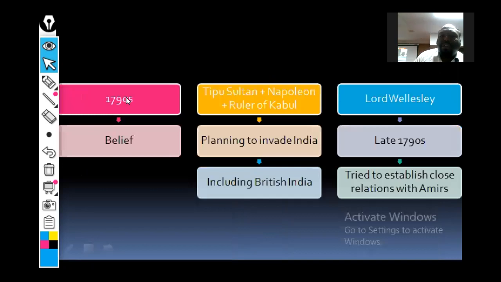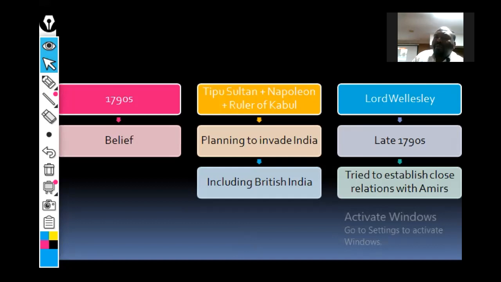In the 1790s, the British believed that Tipu Sultan, Napoleon, and Zaman Shah Durrani, the ruler of Kabul, were all planning to invade India, including British India. How did they want to come? They wanted to come through land.